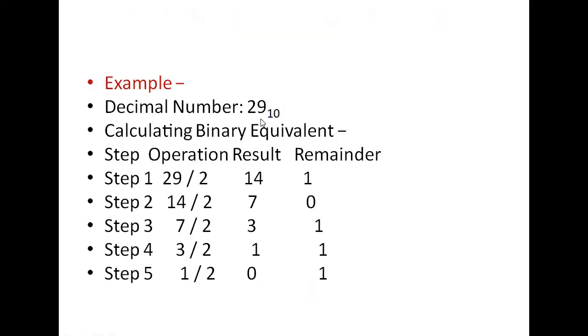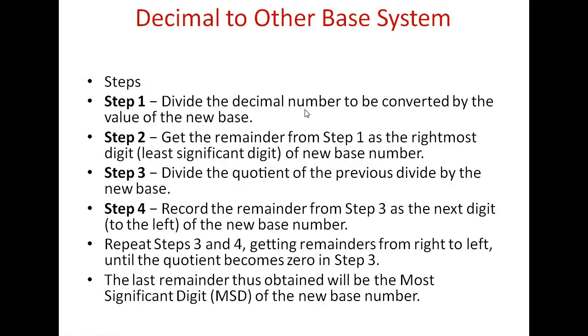Okay, that means if I convert decimal number 29 to binary number system, then divide 29 by 2. New base is 2. Decimal to binary means new base is 2. So 29 divided by 2.